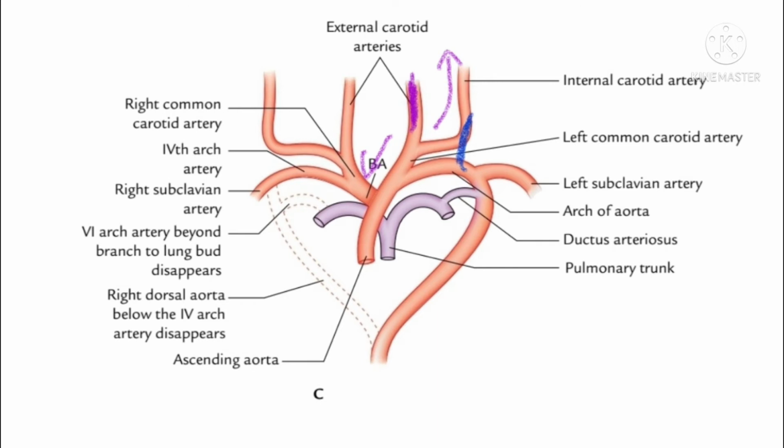So that is how the common carotid artery arises and gives divisions to both the external carotid and internal carotid artery. As you can see, the third and the fourth arches are still connected by the dorsal aorta, and that part of the dorsal aorta is called the ductus caroticus. If it is present even in adult life, then the internal carotid artery will directly come from the arch of the aorta, so it will not be a branch of the common carotid artery.